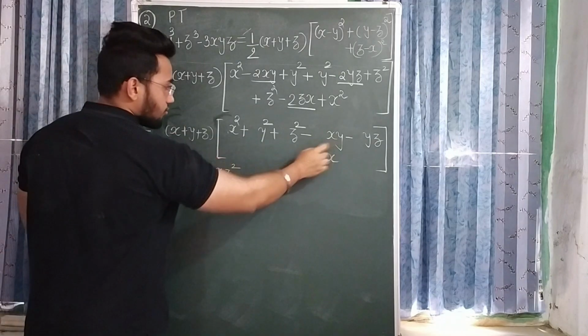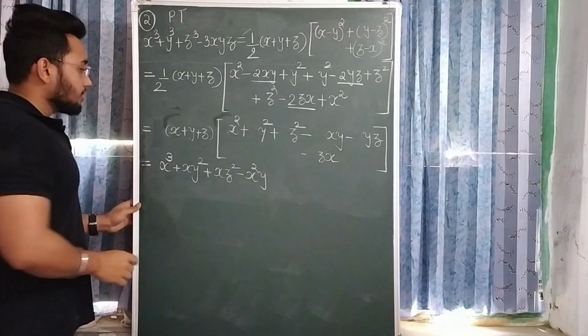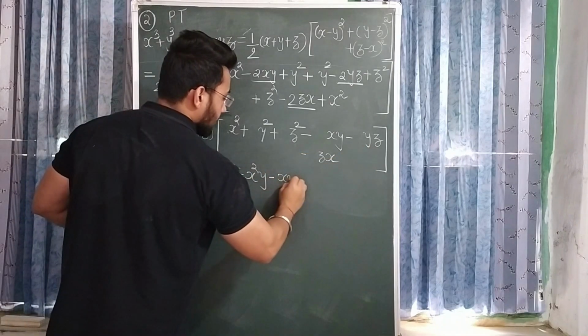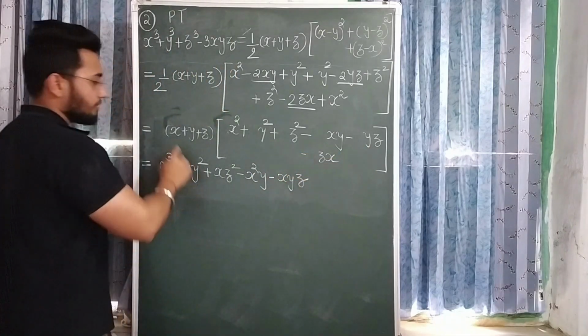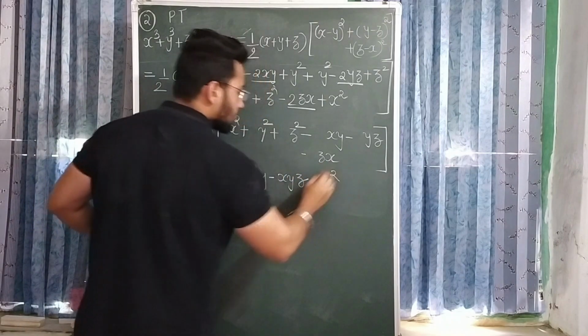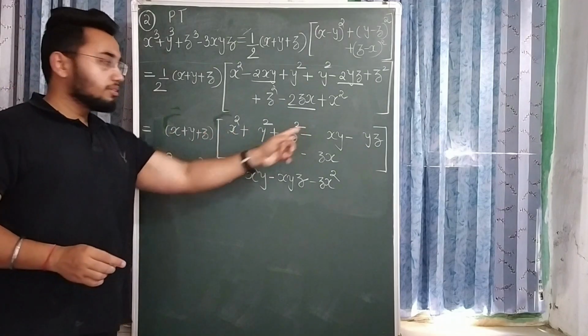Now x into minus xy, minus x square y, x into yz, xyz. Now x into zx, zx square. See, I multiplied x with all the terms.